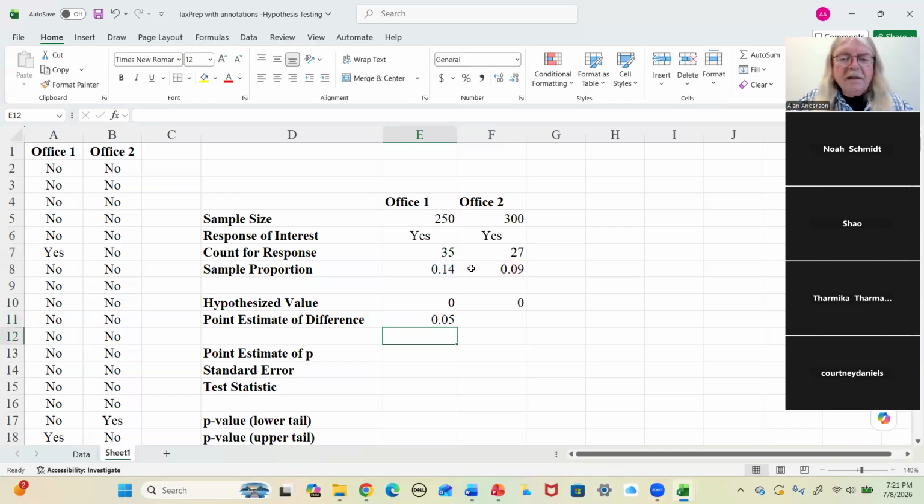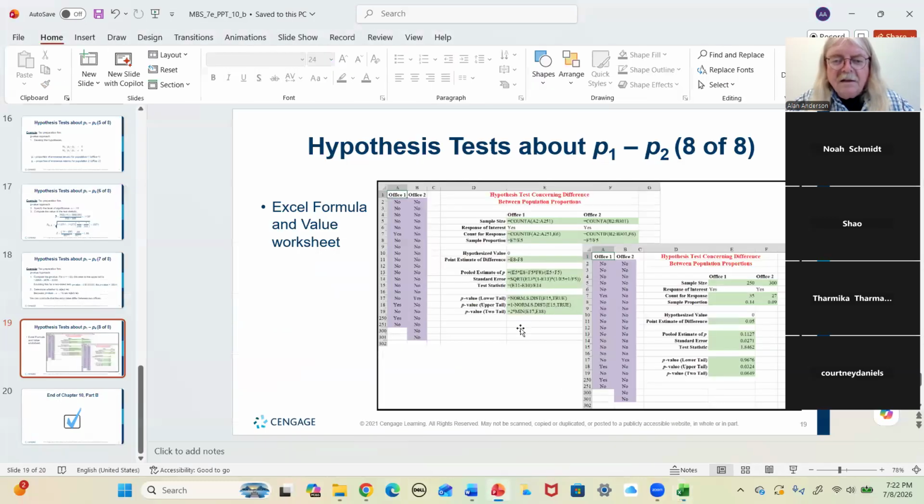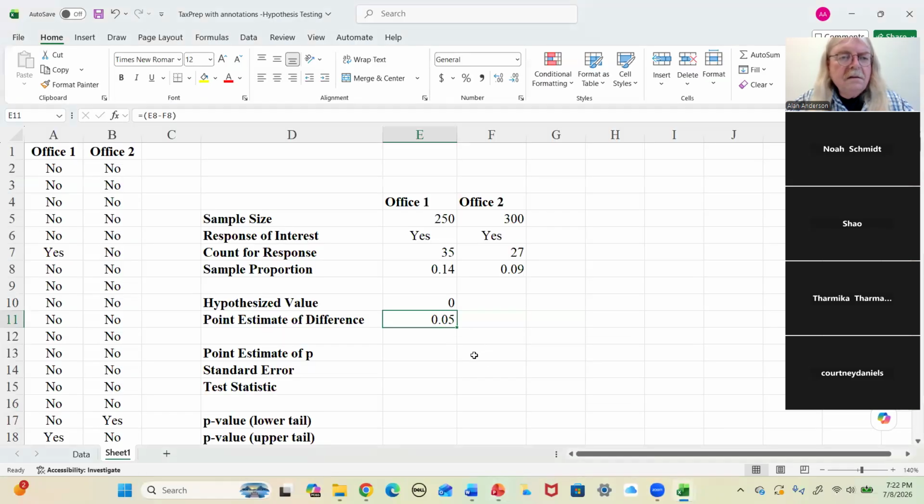I don't need both of these because it's different up here. We have data for both offices. These are numbers that are common to the entire problem. I think. Let me just confirm. I want to make sure. Sometimes the wording here is not as clear as it could be. All right, that part is right.